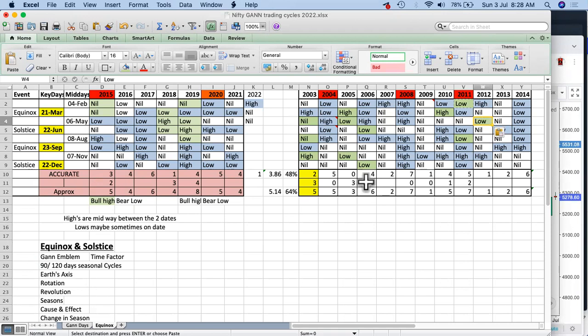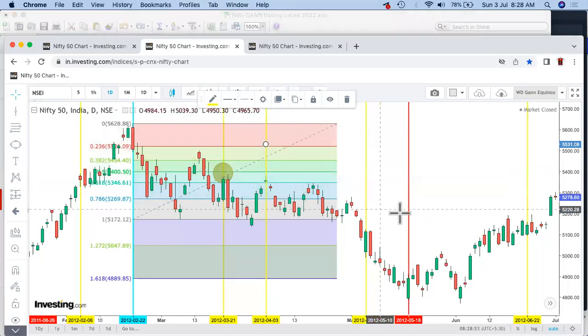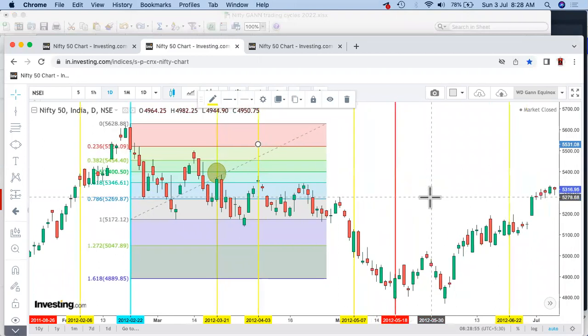Okay. So we have got two highs, one adjusted one, which makes it 3. Right. So we move ahead from this date.